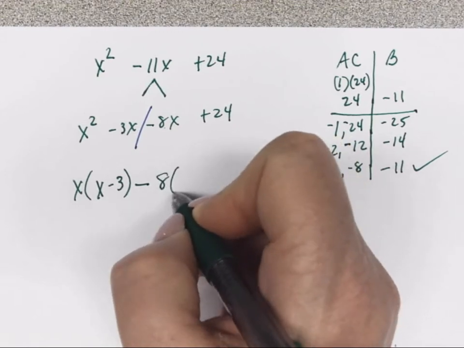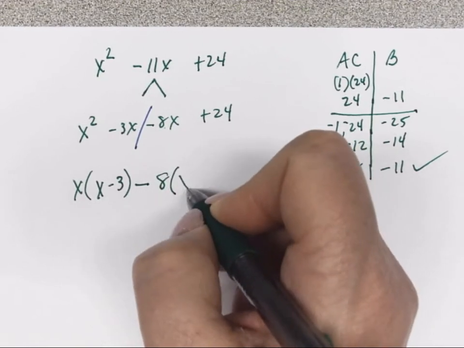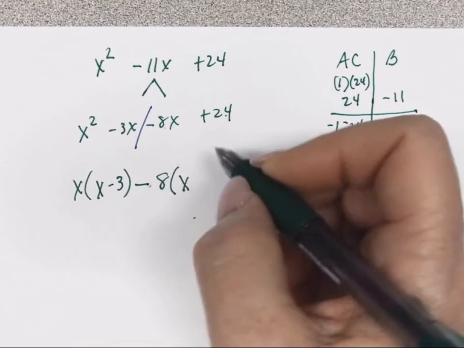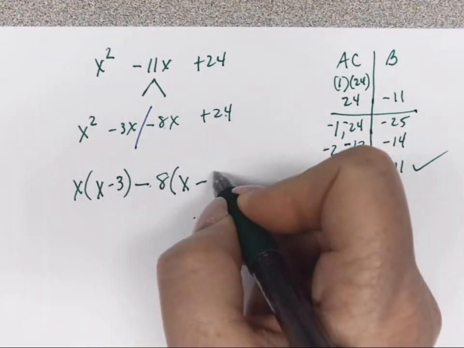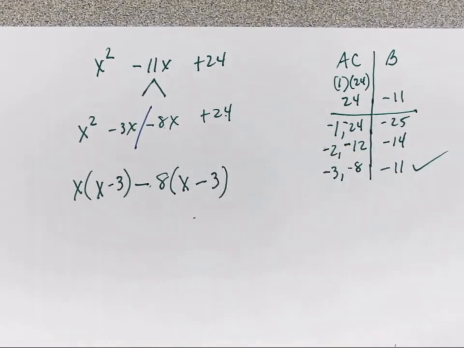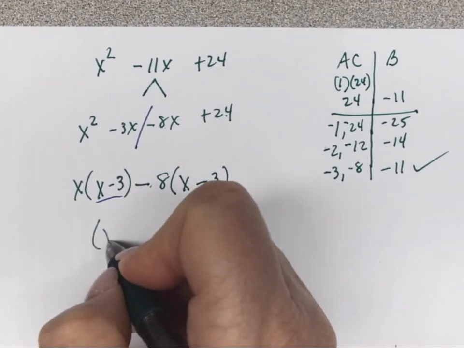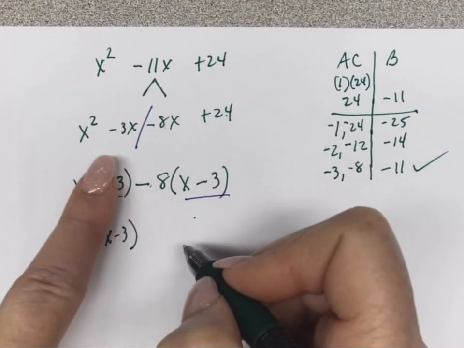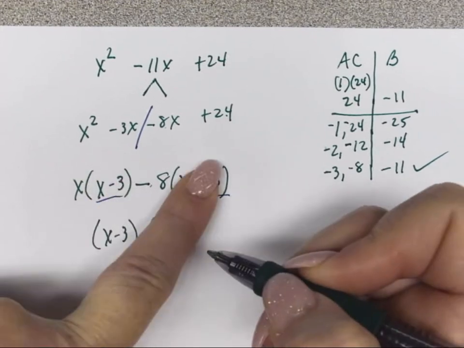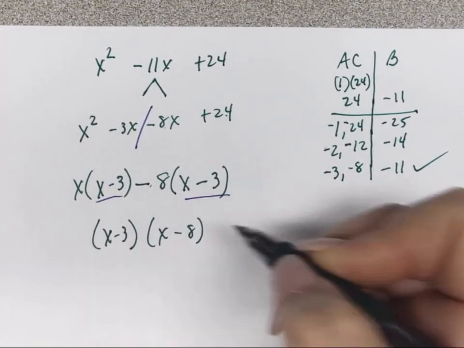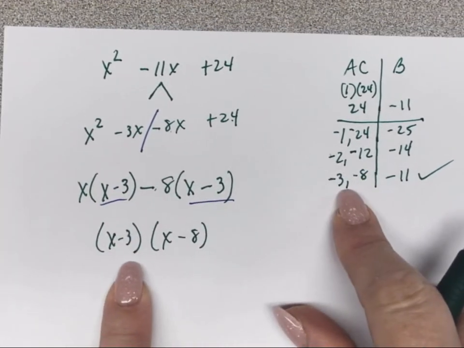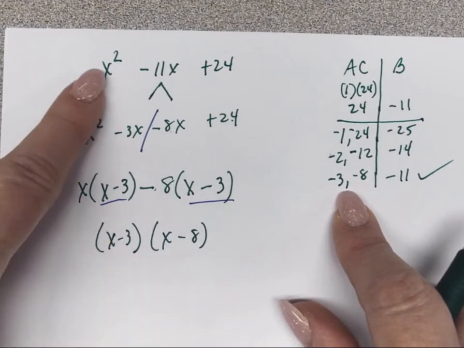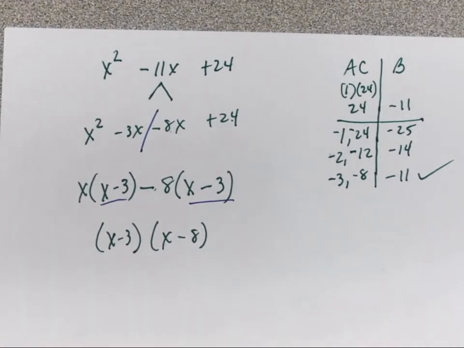I factor out an 8, and I'm left with x, and 24 divided by negative 8 will get me a negative 3. They match. So I have x minus 3, and that leaves me with x minus 8. Oh, and looky there, the numbers matched again because our a was a 1.